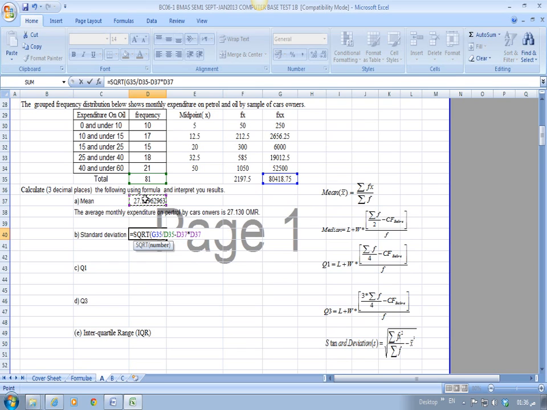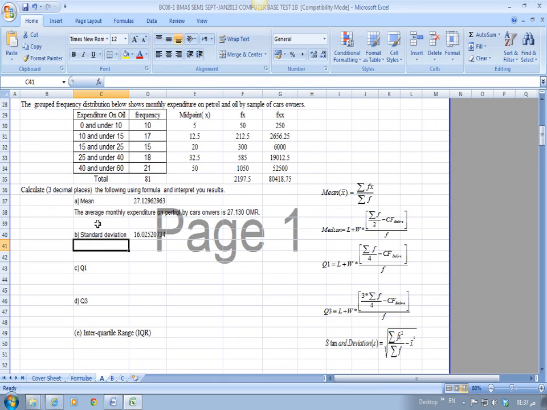Then close the bracket and press enter. This is the answer for the standard deviation. So you can say that the average is so and so, with standard deviation equal to this.